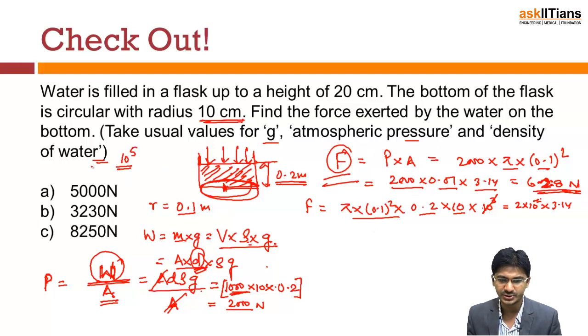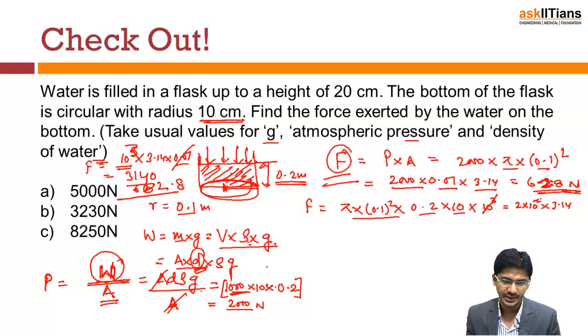So what will be the force due to this? It will be 10 to the power 5 Newton into the area. Area is pi into r square. R square is 0.01, so that will make this 10 to the power 3 if you multiply, and what you have is 3140 Newton. Now 3140 plus 62, it's 62 only, plus 62.8.